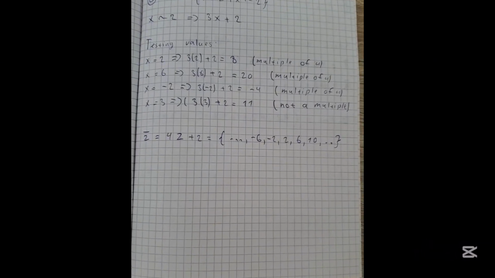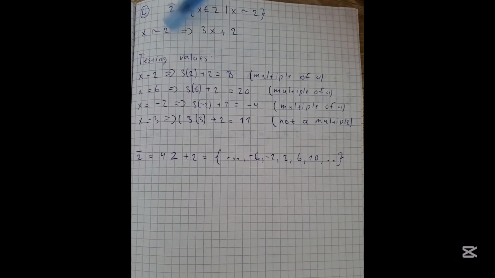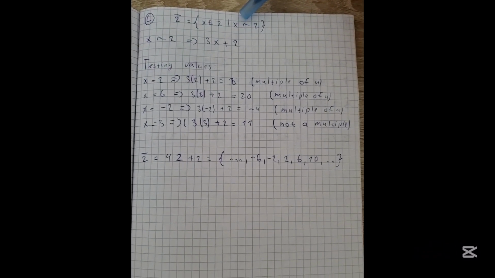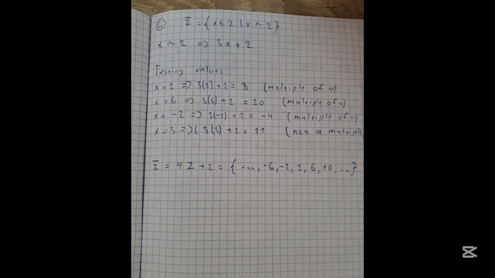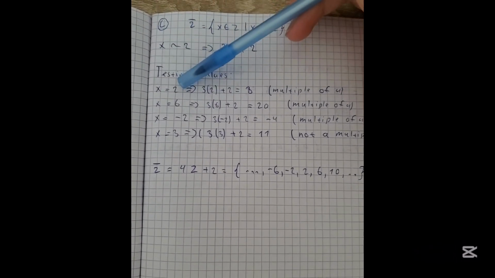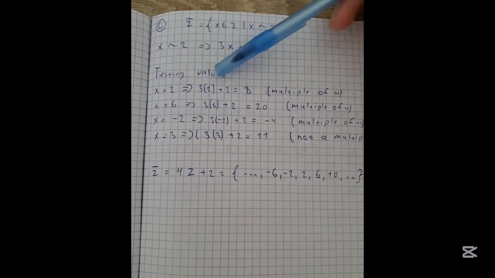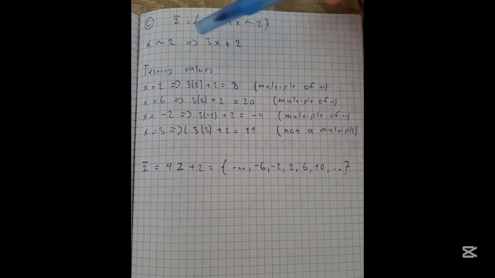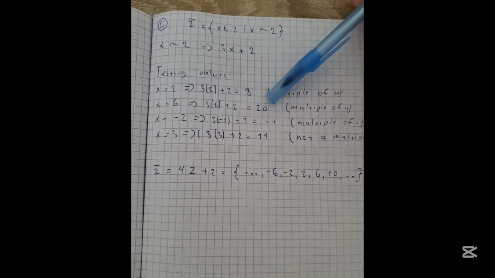In part C of the 9th exercise, we also have to find the equivalence class of 2, which satisfies this expression and is a multiple of 4. We also use the testing values method. We pick 2 and substitute it into x, and we get 8, and this number is a multiple of 4. Then we pick 6, and its result will be 20.